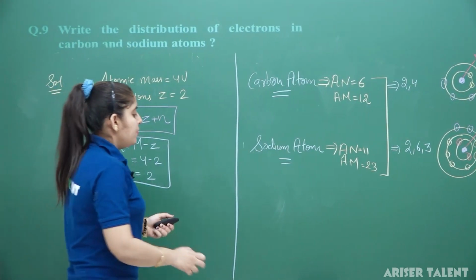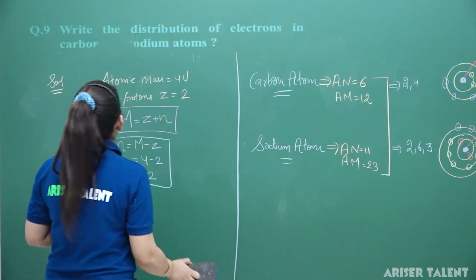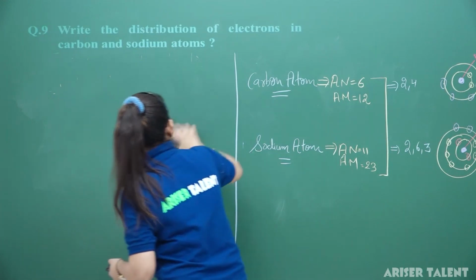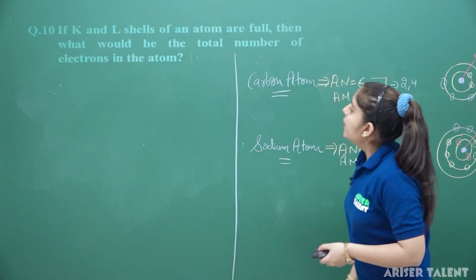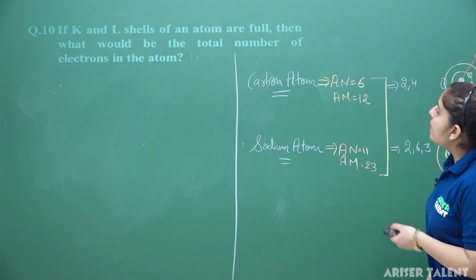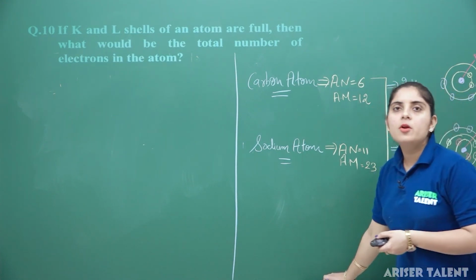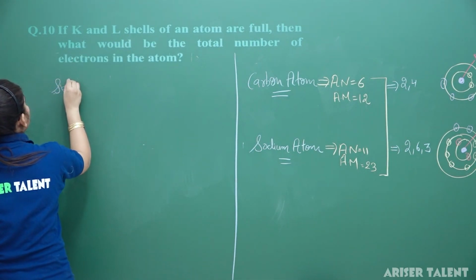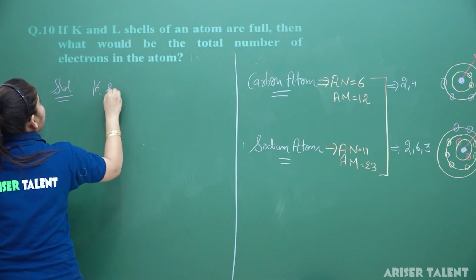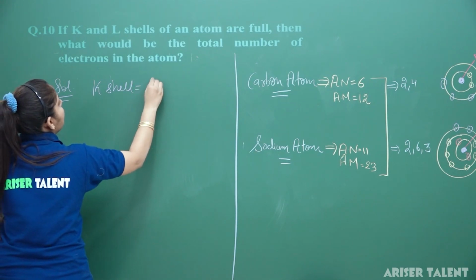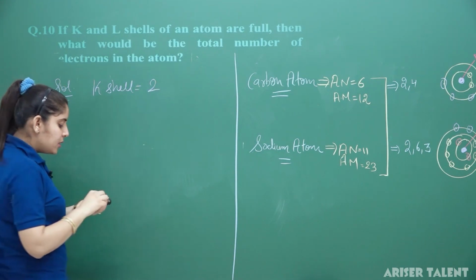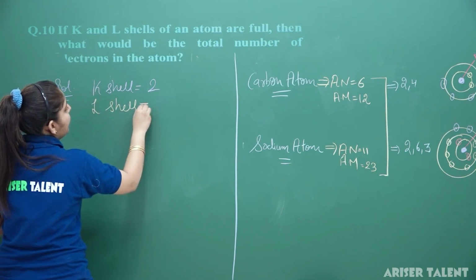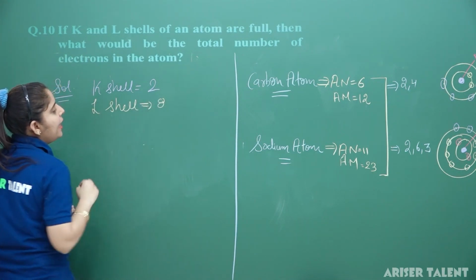Now we are with our next problem, that is problem number 10. If K and L shells of an atom are full, then what will be the total number of electrons in the atom? So the solution for this problem will be, we know that K shell can accommodate a maximum of 2 electrons and L shell can accommodate a maximum of 8 electrons.